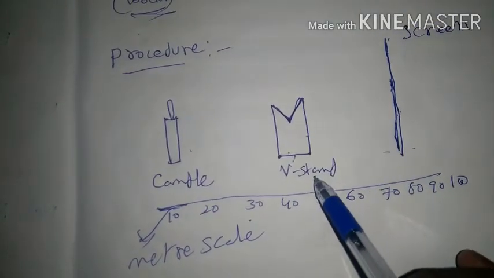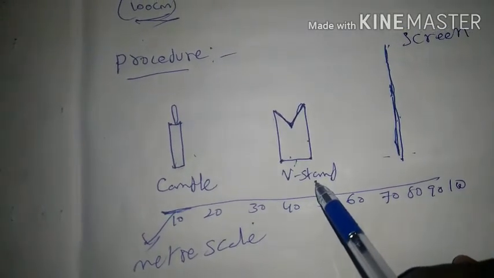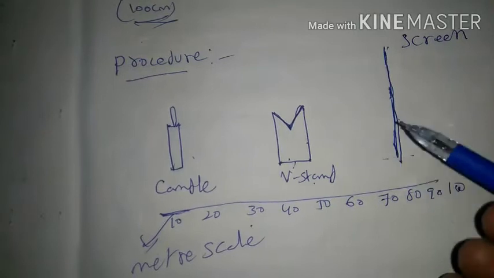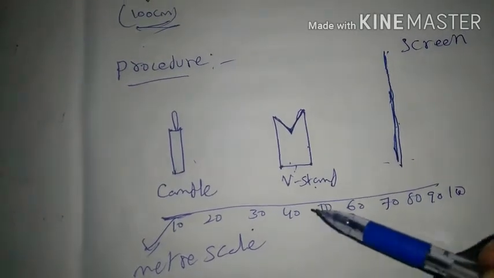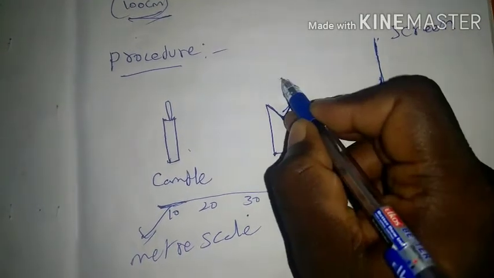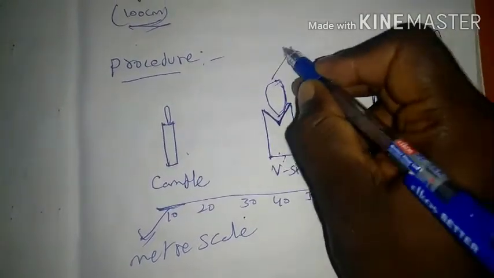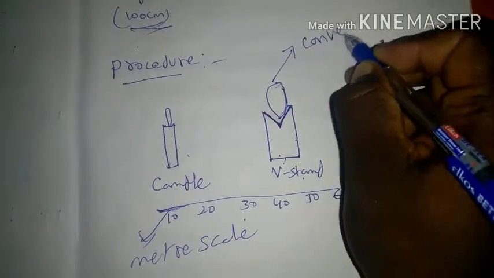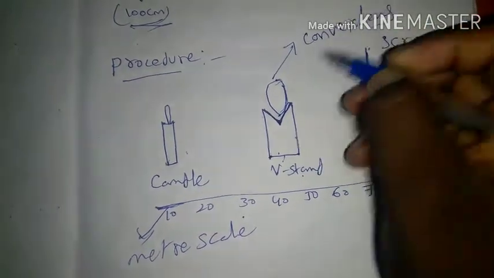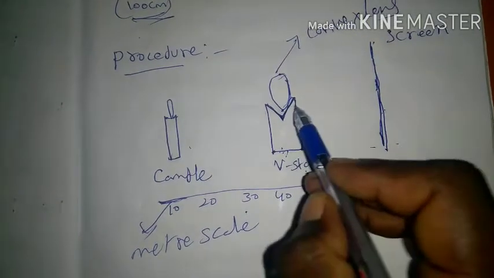At the middle of the table, place a convex lens on the V stand. This is convex lens. Place the convex lens on the V stand.